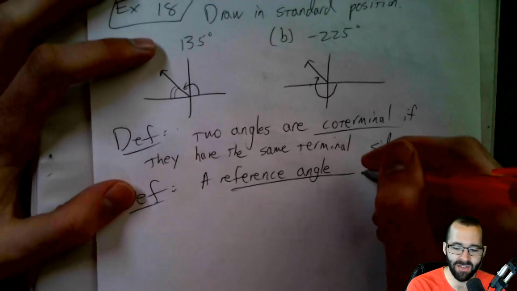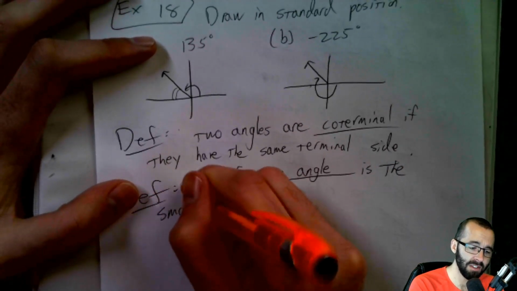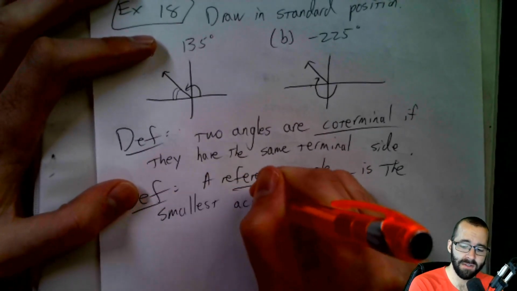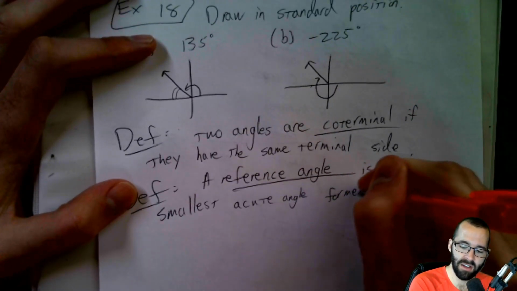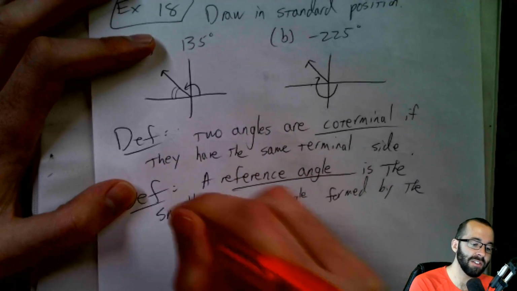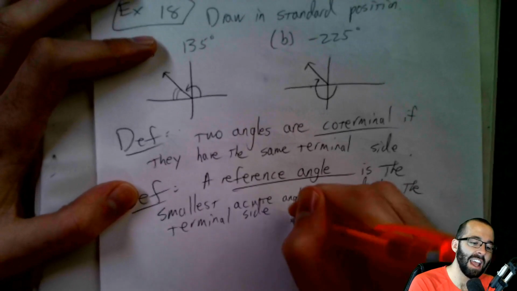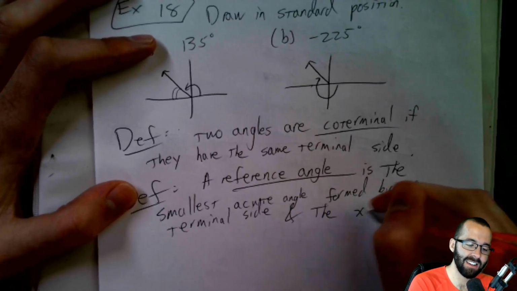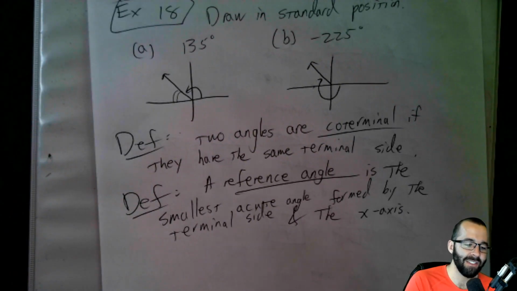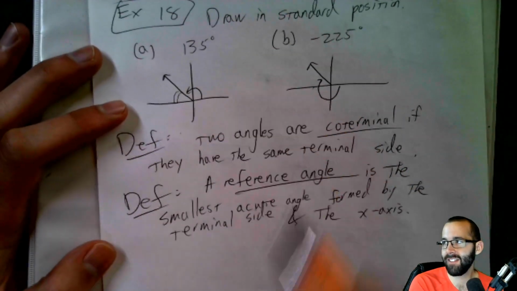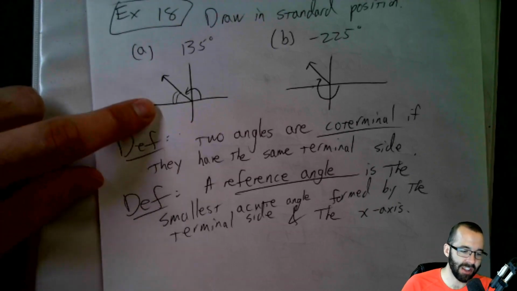But anyway, the definition is that a reference angle is the smallest acute angle formed by the terminal side and the x-axis. So again, all this just means is this angle. The angle that you would normally think with the x-axis.